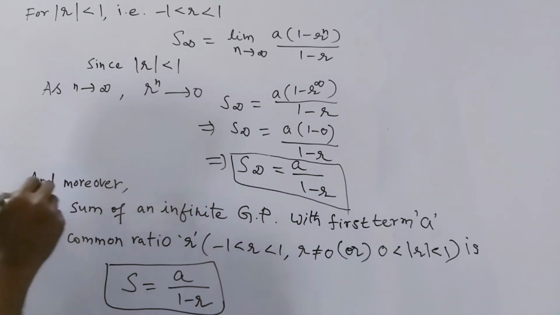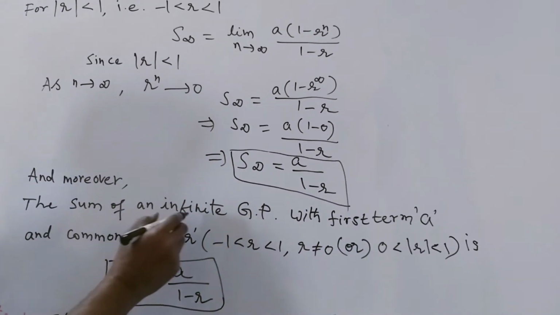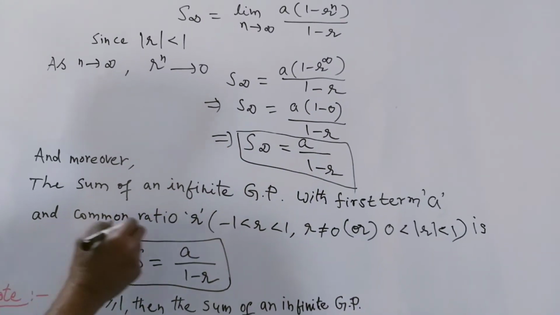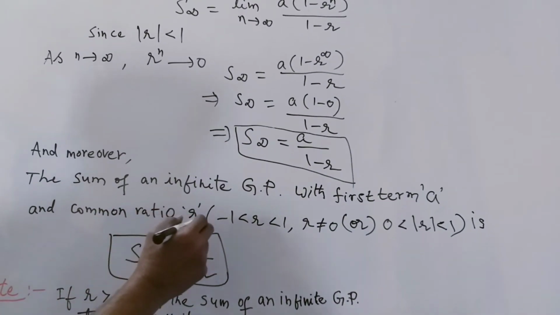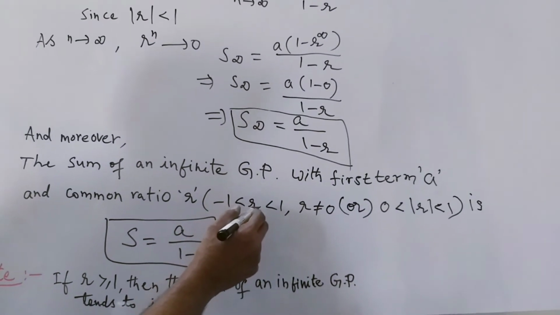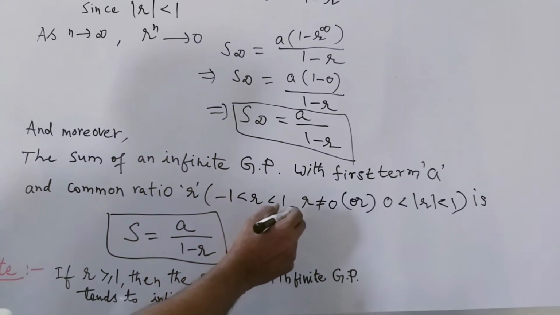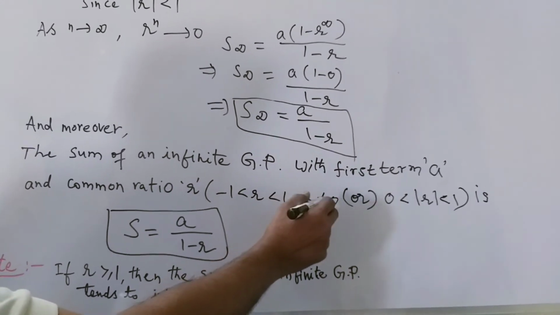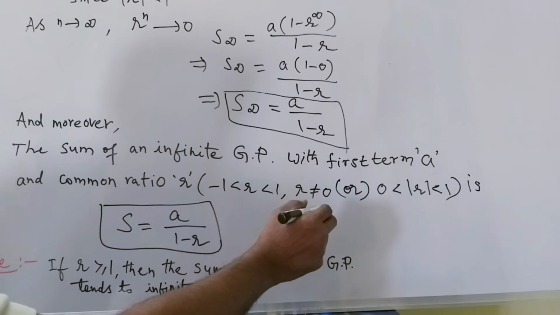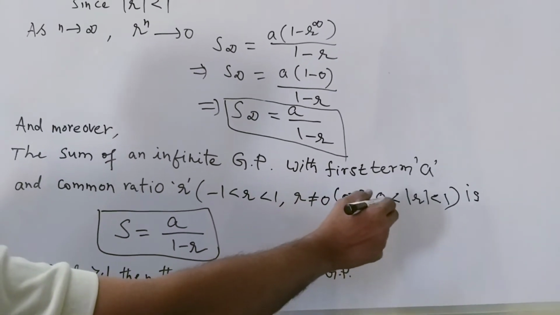And moreover, the sum of an infinite geometric progression with first term A and common ratio is based on this condition. Common ratio lies between minus 1 and plus 1 and r should not be equal to 0, or modulus r lies between 0 and 1.